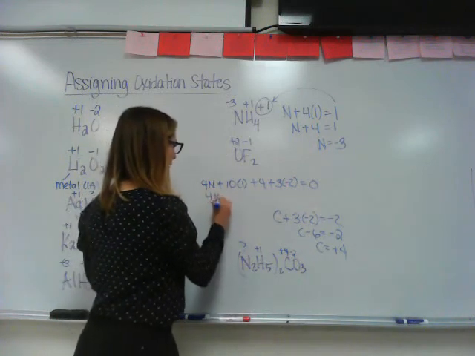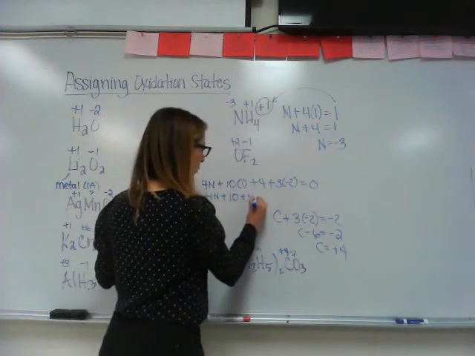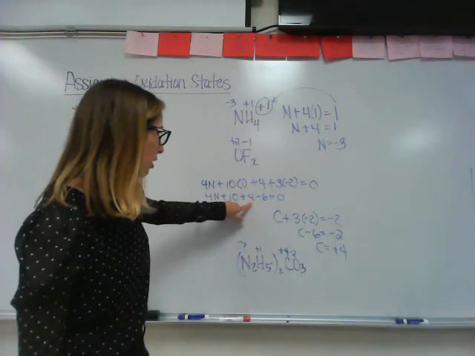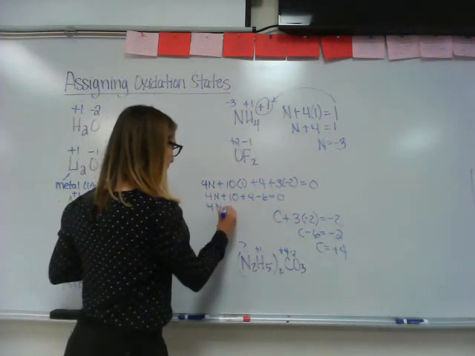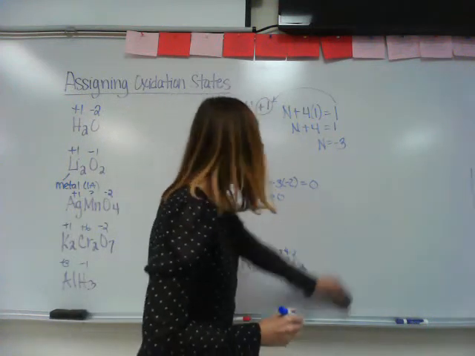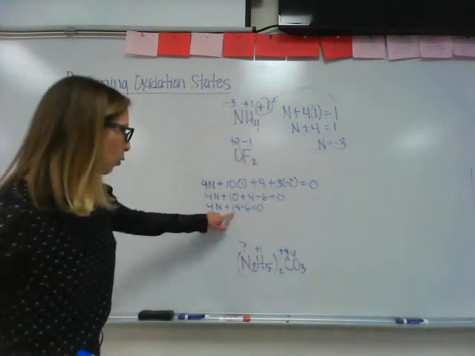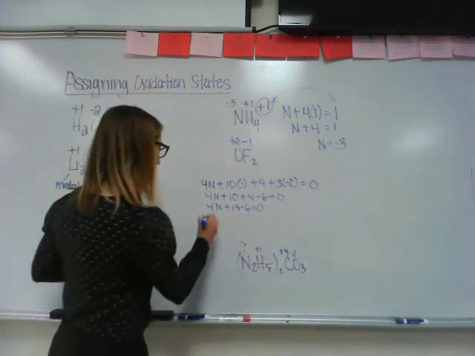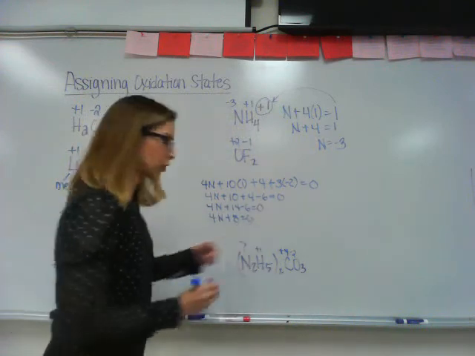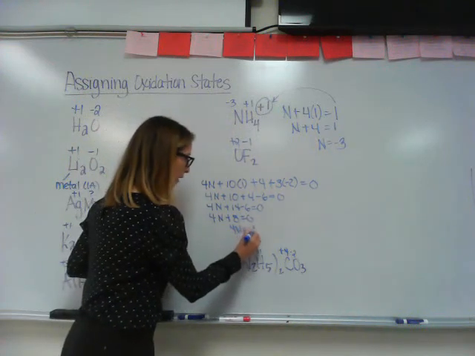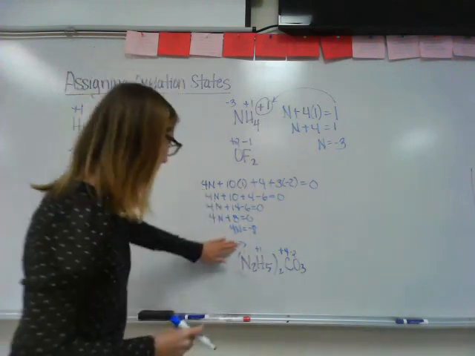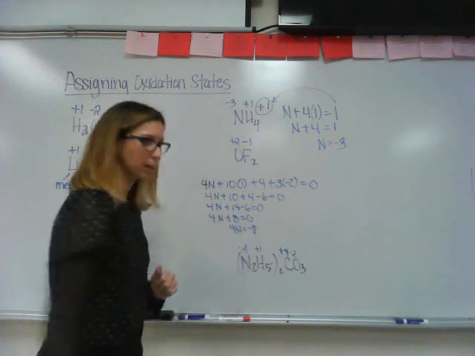So 4n plus 10 plus 4 minus 6 equals 0. 10 plus 4 is 14. And then 14 minus 6 is 8. Put the 8 on the other side. 4n equals -8. Nitrogen is going to end up being a -2. And now you're done.